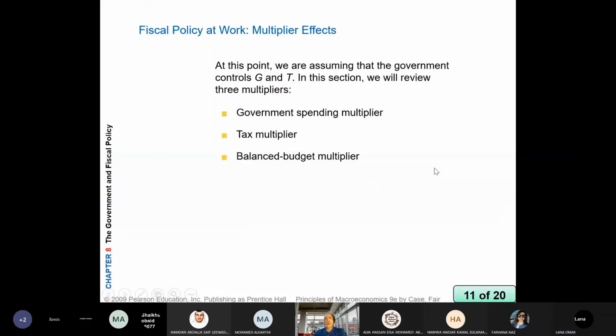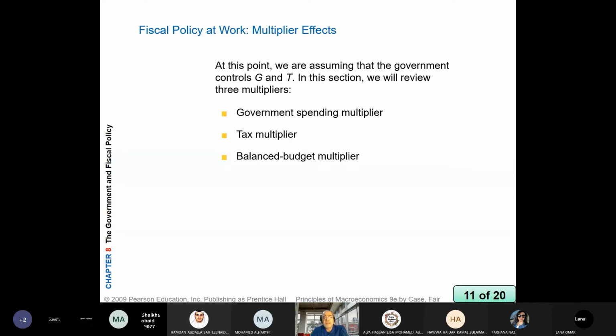Okay, so let's go ahead. This topic is quite easy and it's quite interesting. So we will study three kinds of multipliers: government spending multiplier, tax multiplier, balanced budget multiplier.